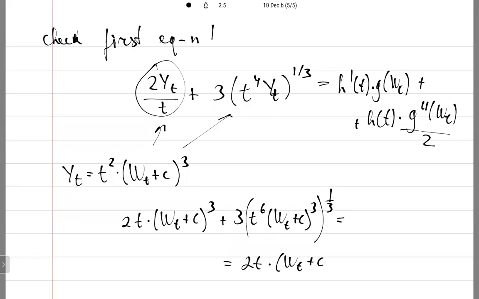This is (W_t plus c) cubed plus h. h is t squared, plus g double prime is 6 times (W_t plus c), I think, yeah, divided over 2.